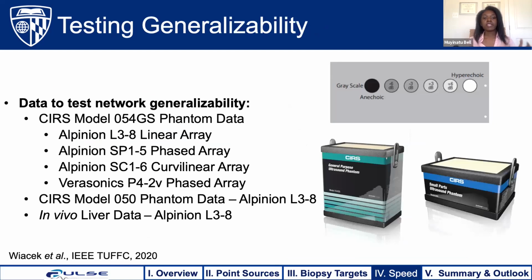And so therefore we created a data set with multiple types of test cases for us to test generalizability, such as phantom data collected with 2 different ultrasound systems, multiple ultrasound probe geometries, such as a linear array, a phased array, and a curvilinear array. And also we tested on a completely different type of in vivo data. We tested it on in vivo liver data acquired with an Alpinion ultrasound system.